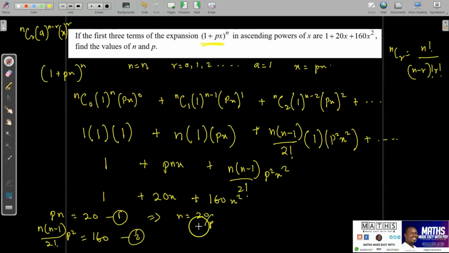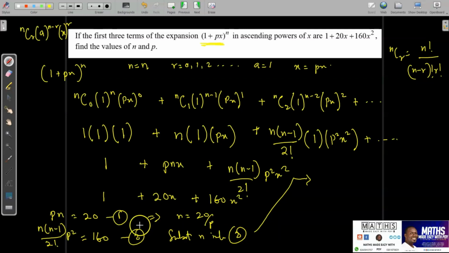Do you agree that n will be equal to 20 on p? Yes, sir. So substitute n into equation 2.